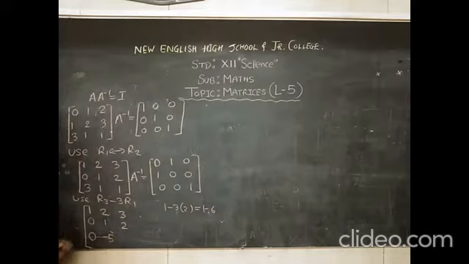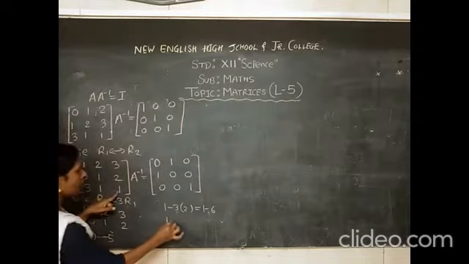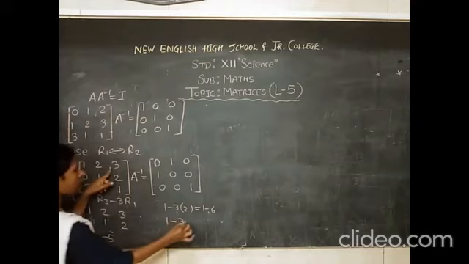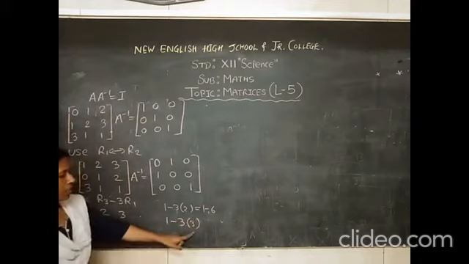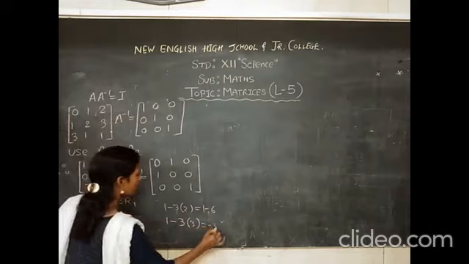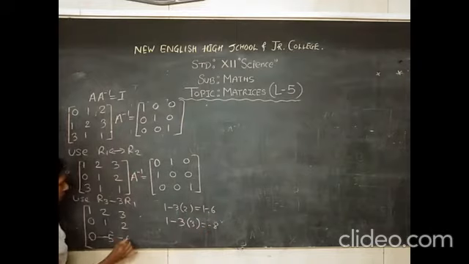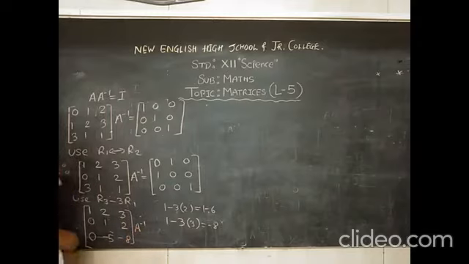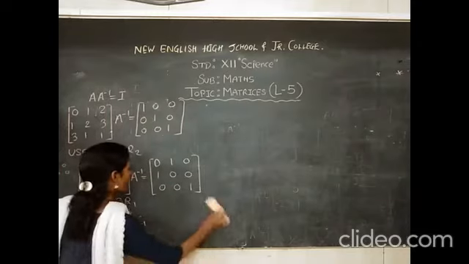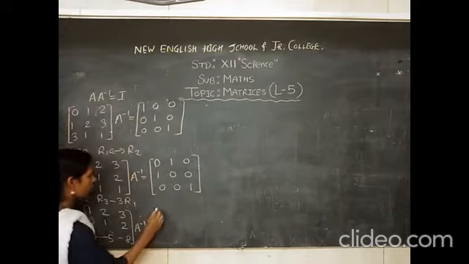Okay. Next, again 1 minus 3 times 3. It is minus 8. You can check: 3 3s are 9, so it is minus 8. This is minus 8, into A inverse equals to.